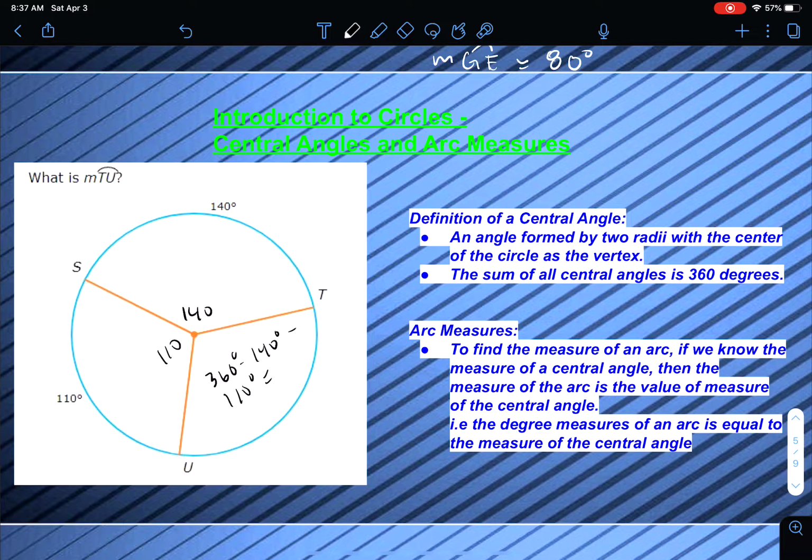What is that going to give me? 110 degrees. And that means my measure of arc TU is 110 degrees. So this is 110 degrees, and this is also 110 degrees. 140 plus 110 plus 110 is 360, so we know that that works.